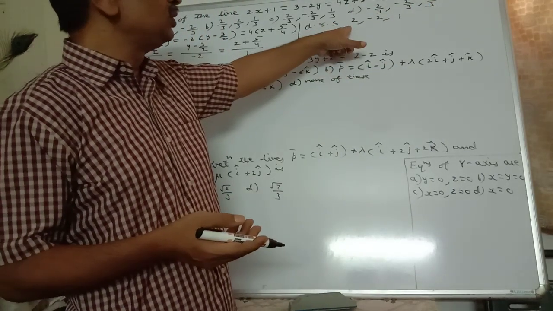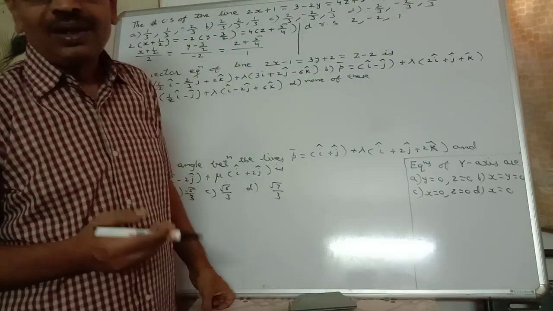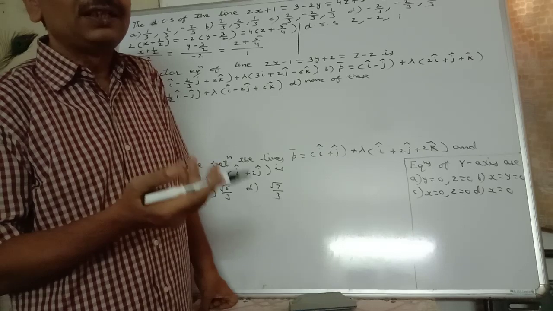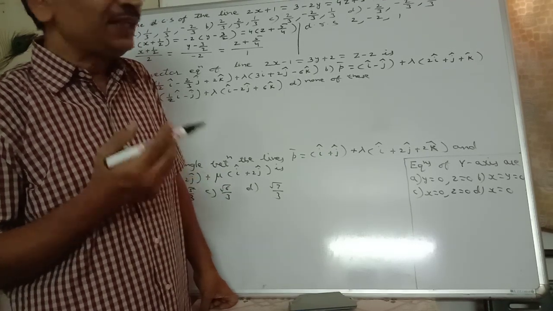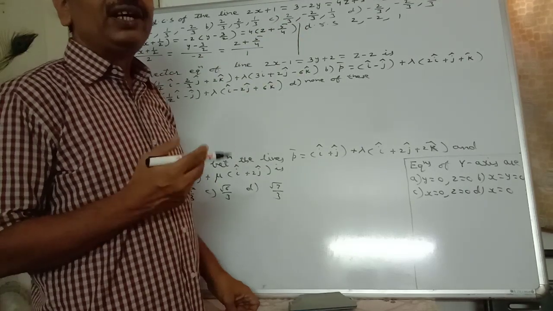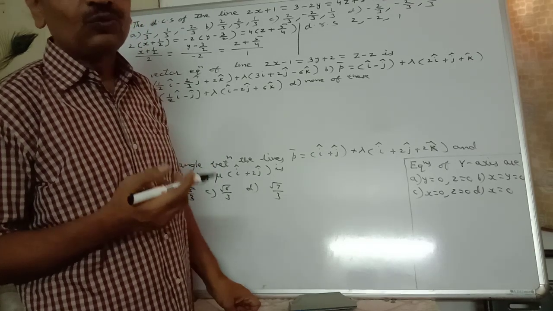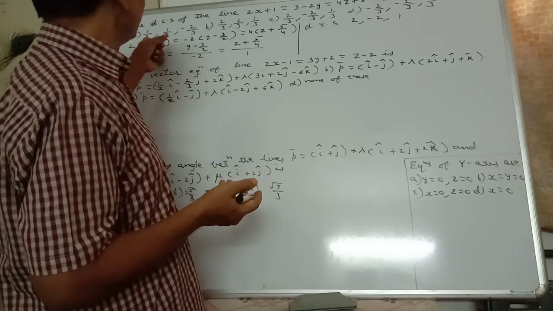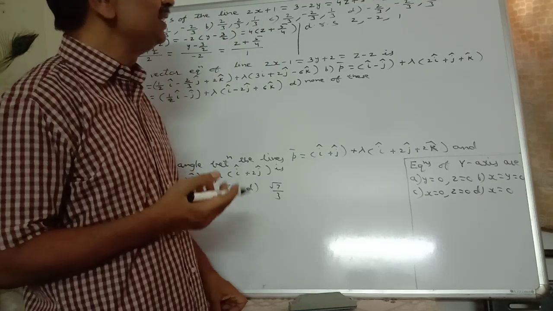So under root 2 square plus minus 2 square plus 1 square, under root 4 plus 4 plus 1, root 9. As 9 is a perfect square, its square root is 3. Actually, here we need not find the value of under root a square plus b square plus c square, because in each option the denominator is 3 only, means its value is 3.